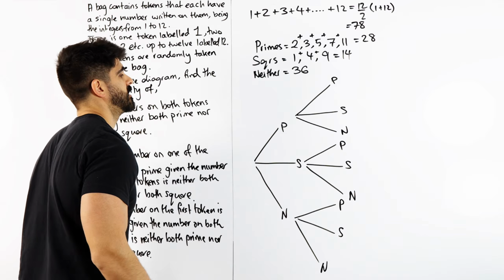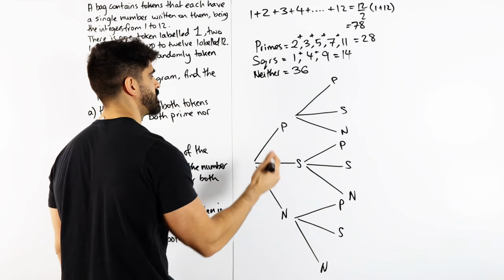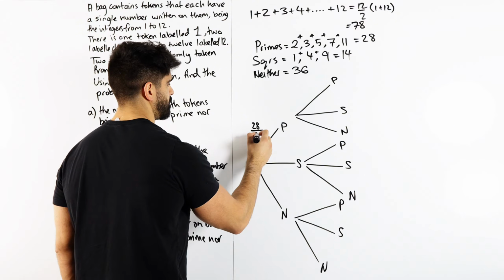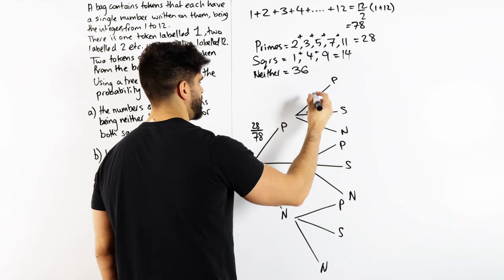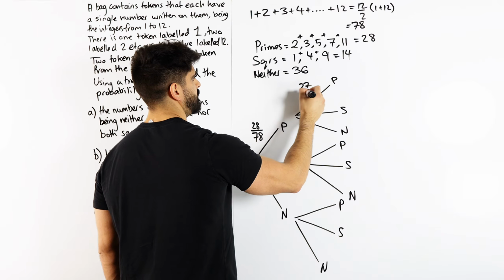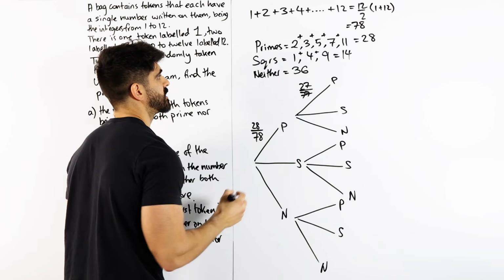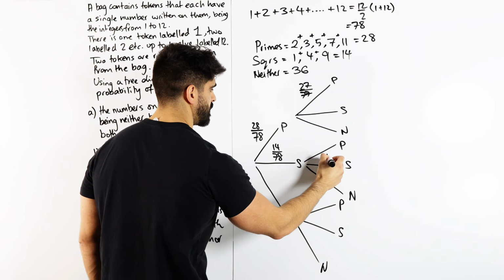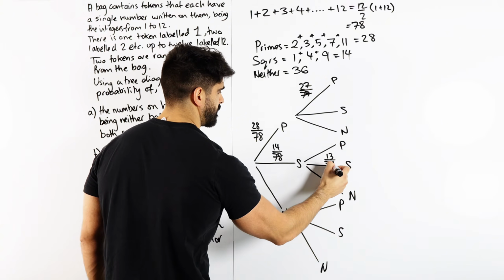I'm not going to simplify anything, so the probability of choosing a prime on the first take is 28 out of 78. I'm just going to start doing these already. So if I take a prime, I'm going to have 27 out of 77. For the squares, I have 14 out of 78. So if I take a square, there'll be 13 out of 77.